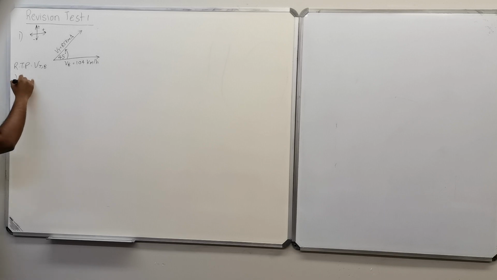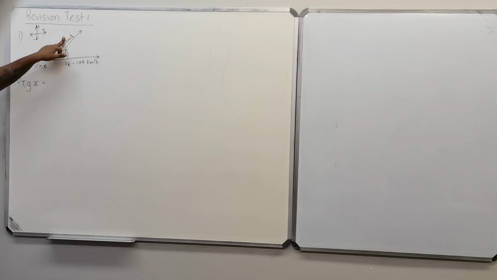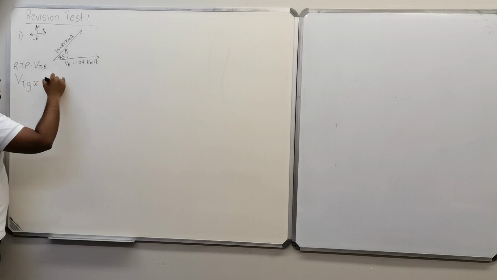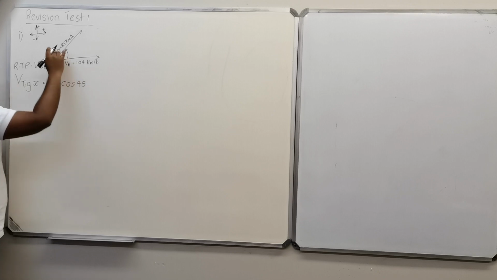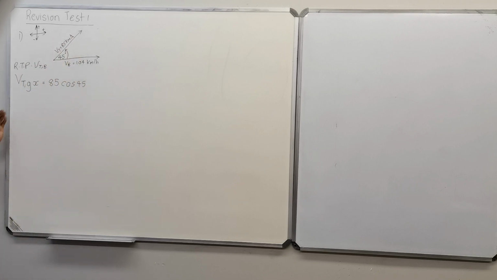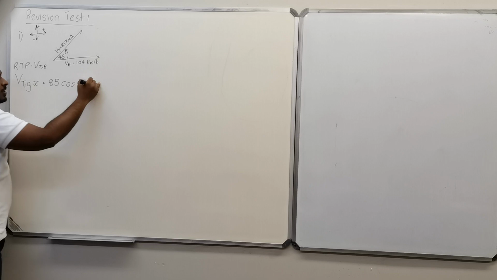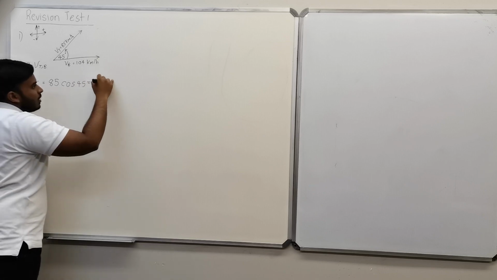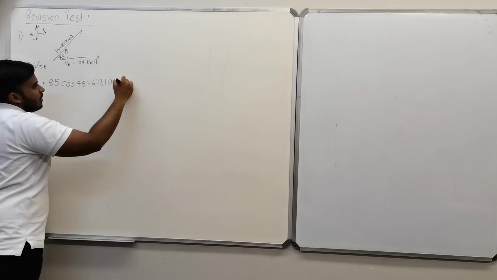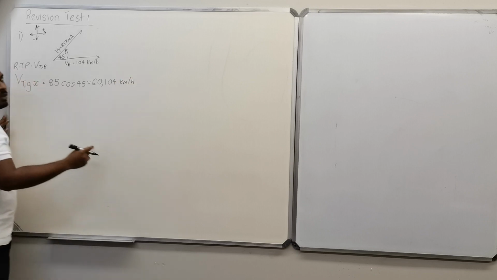The component for the truck relative to the ground along the x-axis is equal to its magnitude times cos 45, so this would be 85 cos 45. Because this is moving towards the right, it's a positive 85. This is equal to 60.104 kilometers per hour.